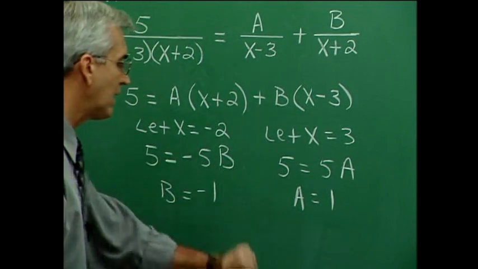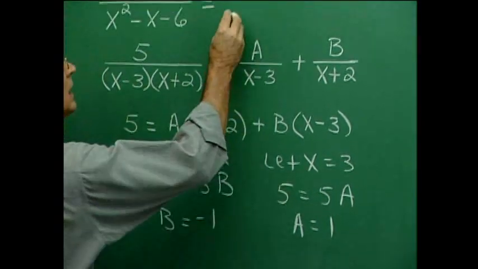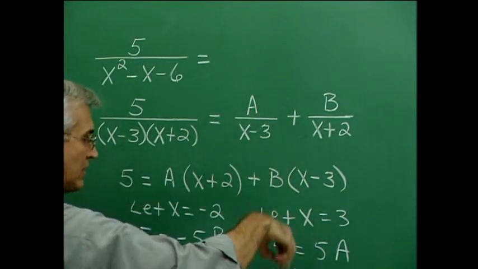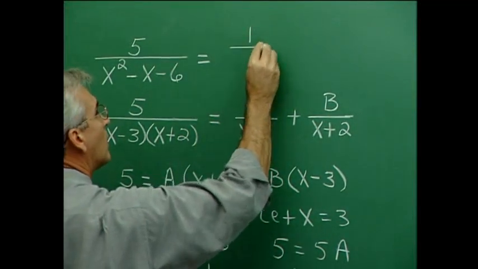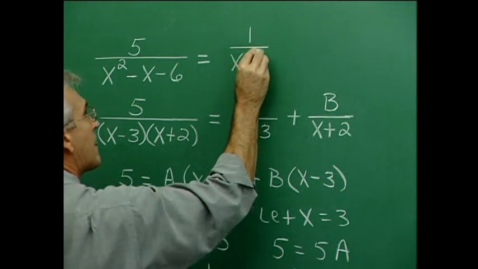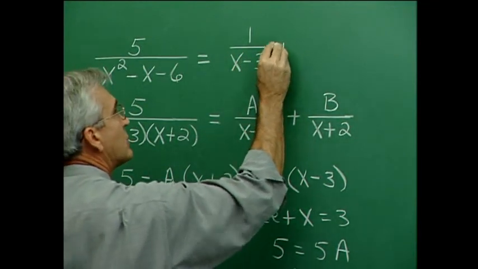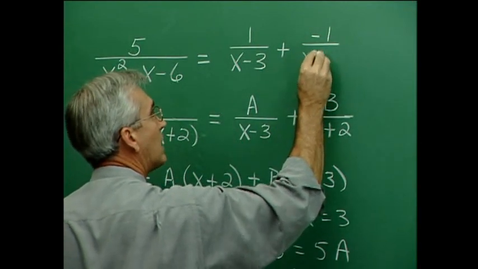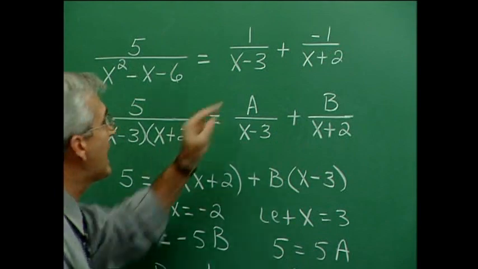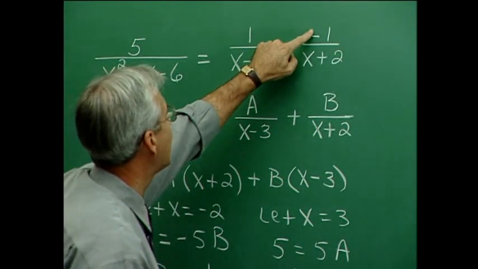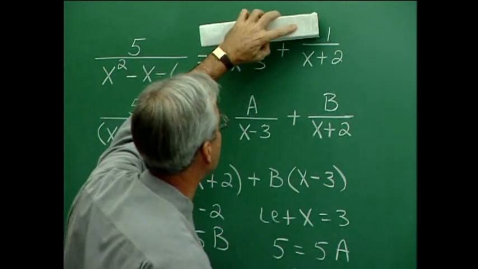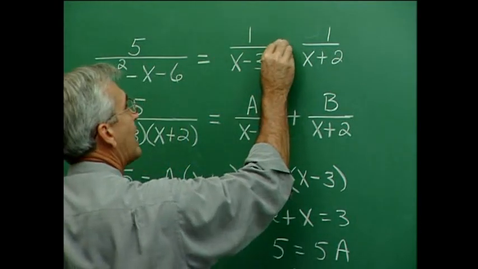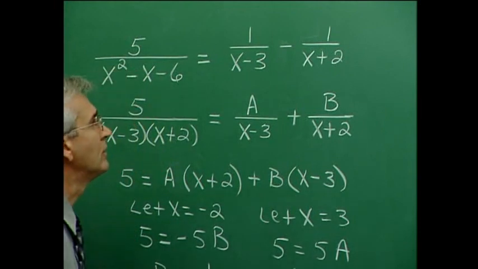So B is negative 1, A is 1, and we can write our fractions as 1 over x minus 3, plus negative 1 over x plus 2. Because we have this negative 1 in the numerator, we would probably write this by swapping signs: minus 1 over x plus 2.